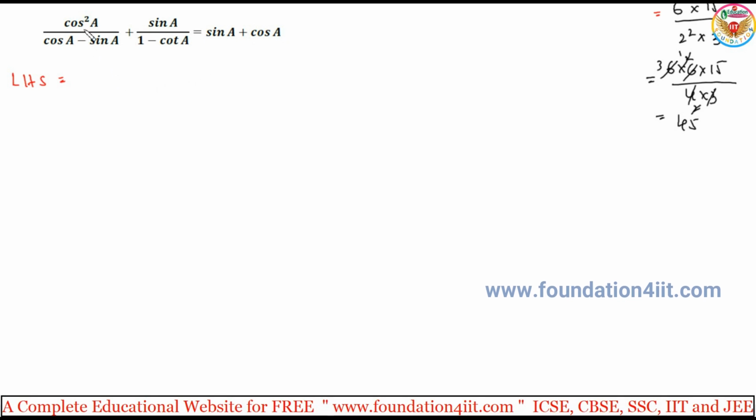According to this, first cos square a by cos a minus sin a, plus sin a by 1 minus cot a. Everything we convert into cos and sin first. Cot is equal to cos by sin.